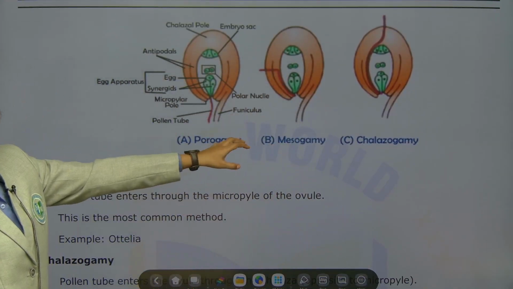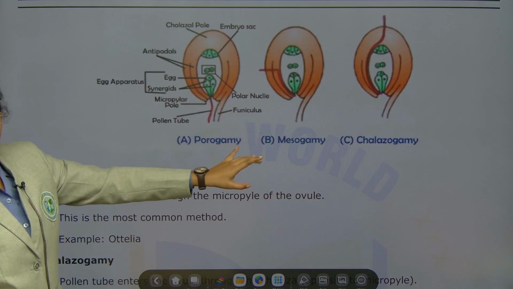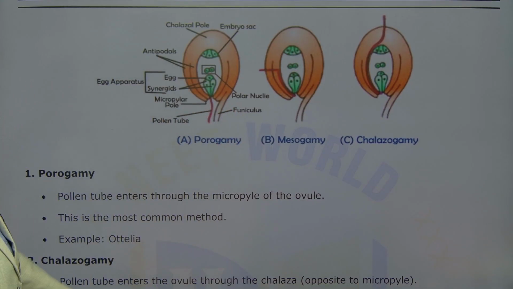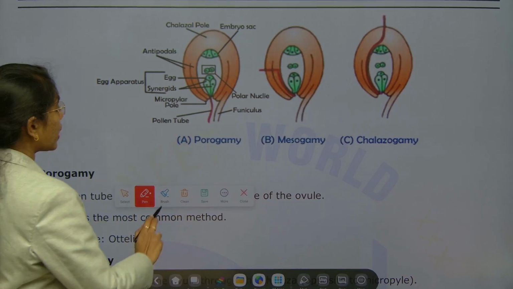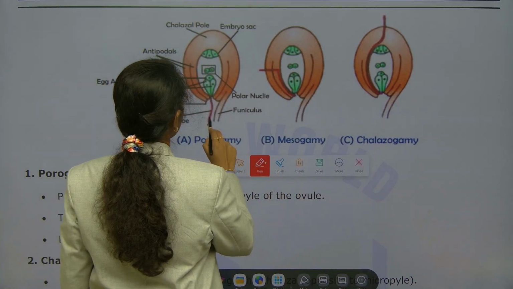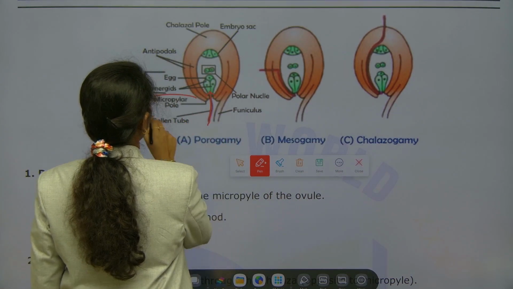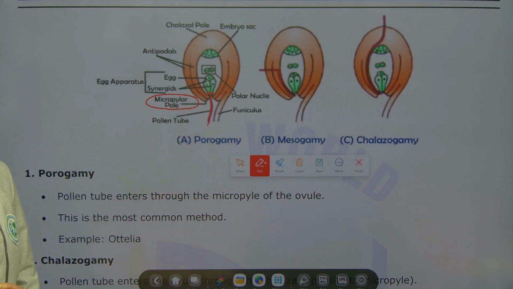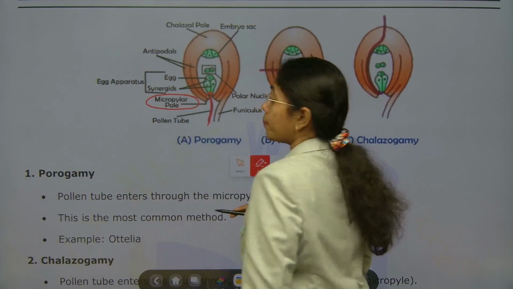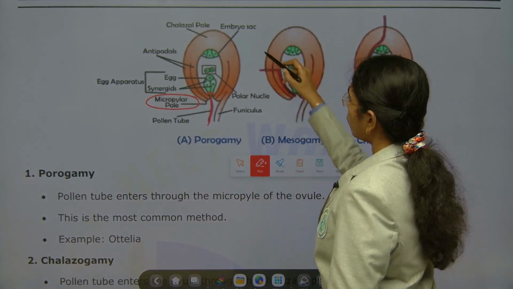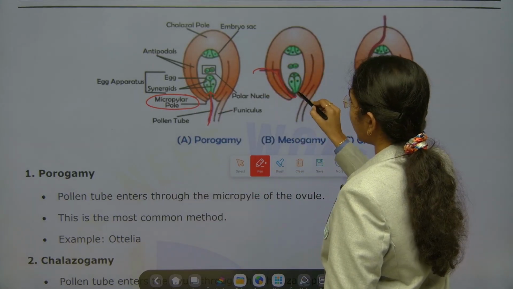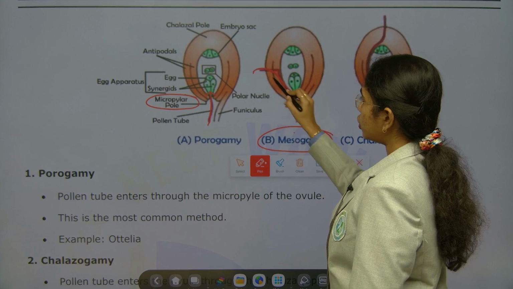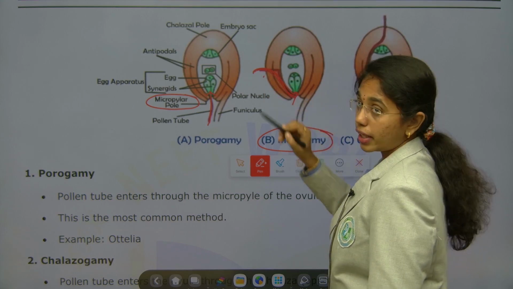First I will explain the modes of entry by taking the diagrams and then we will go with the theory. First is porogamy. Porogamy is entry of the pollen tube from the micropylar pore. Second, mesogamy. If the pollen tube is entering the ovule through integuments, that is called mesogamy.